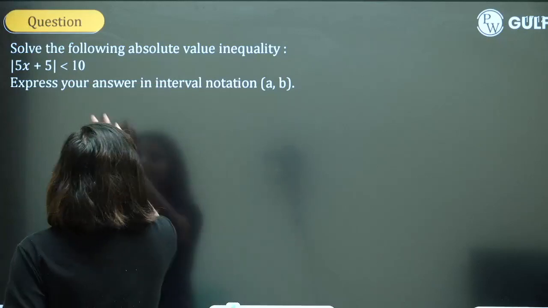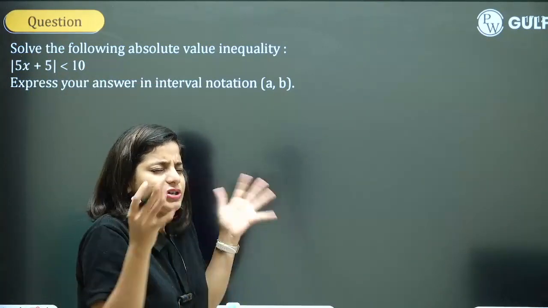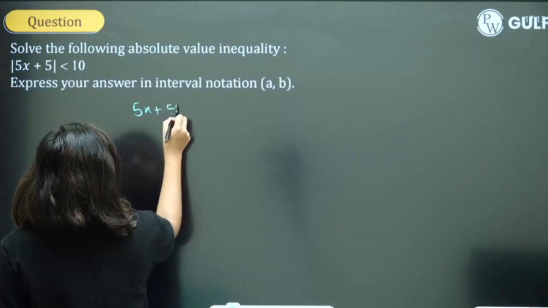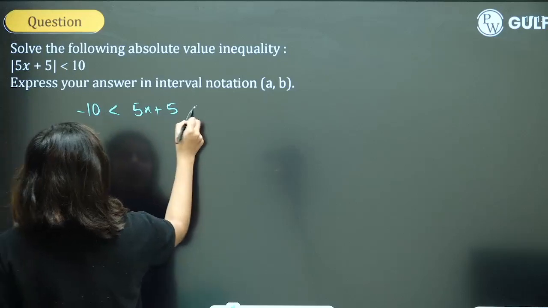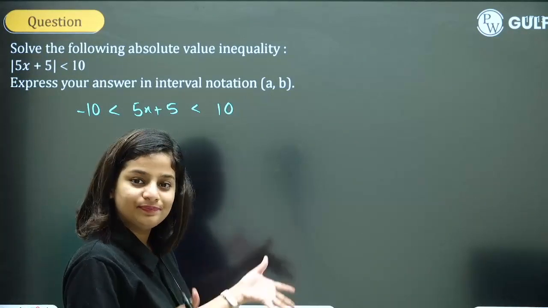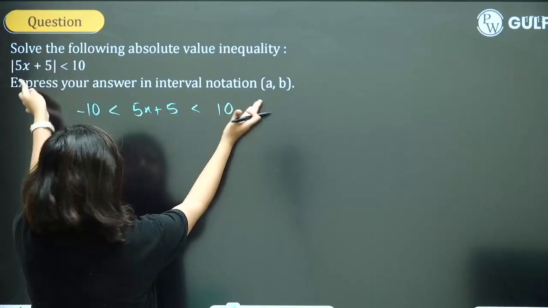For example, mod is less than 10. When mod is less than 10, I know it's going to lie between minus 10 and plus 10. That's the formula. Instead of x, there is this expression, but it will lie between minus 10 and plus 10.